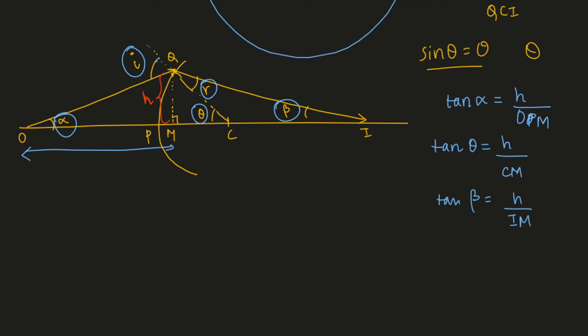But as these angles alpha and beta get closer and closer to 0, this distance PM goes to 0. OM will almost be equal to OP, which is the object distance. CM will almost be equal to CP, and similarly IM will almost be equal to the image distance, IP.